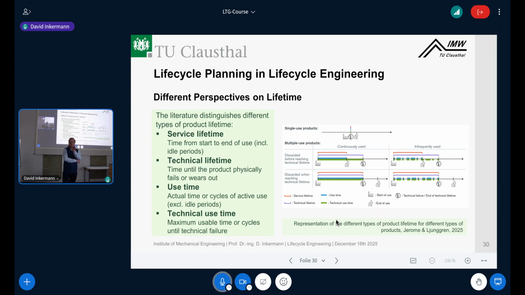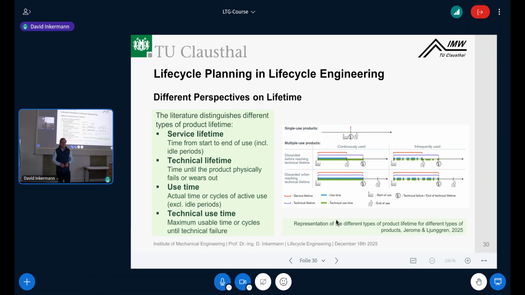So we have specific use phases or use cases for your scooter, for instance, where you are driving, let's say, 40 minutes. After that, it will be just standing in your garage or anywhere else, and you will reuse it the next day or the day after. So that is where we have this infrequent use.